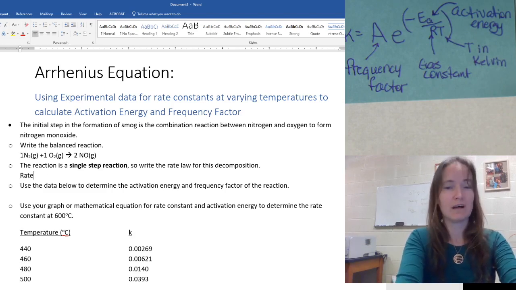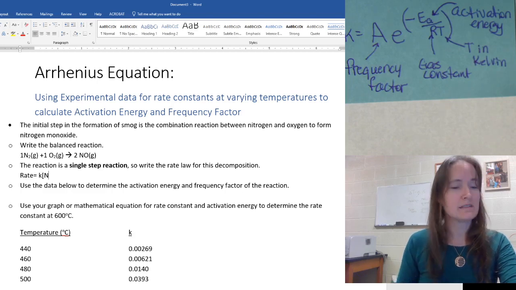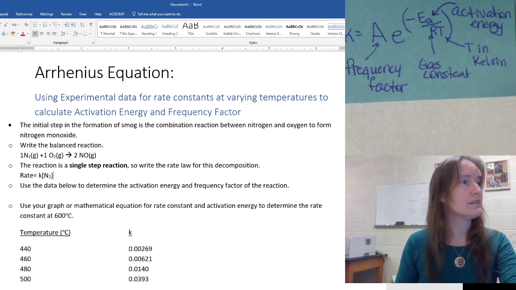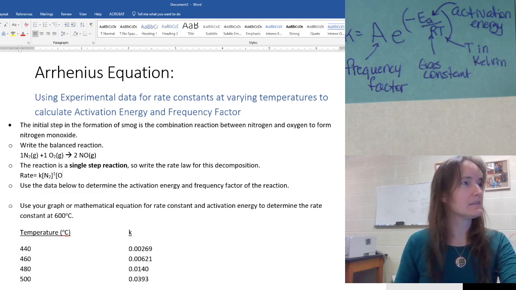And so to write the rate law, you just write rate equals the rate constant, times your first reactant raised to its coefficient, and then your second reactant raised to its coefficient.